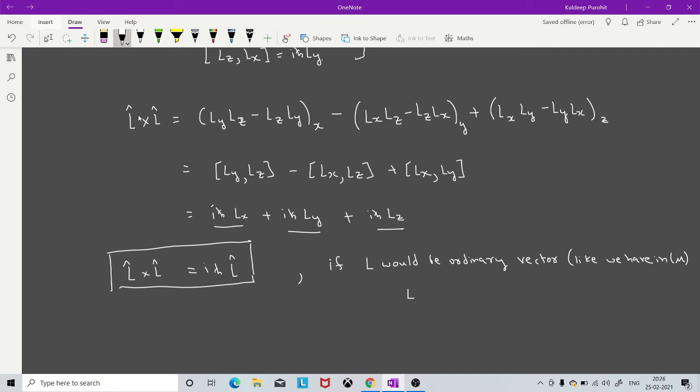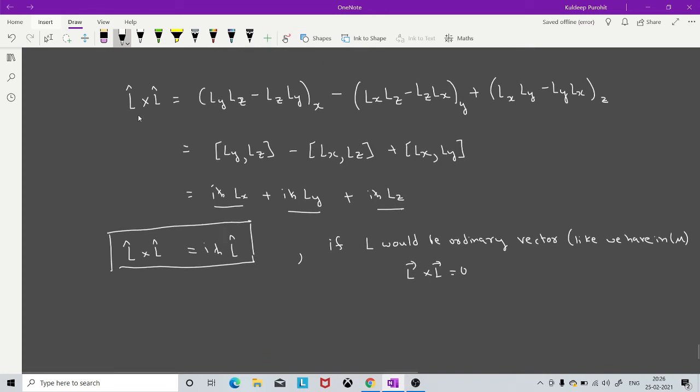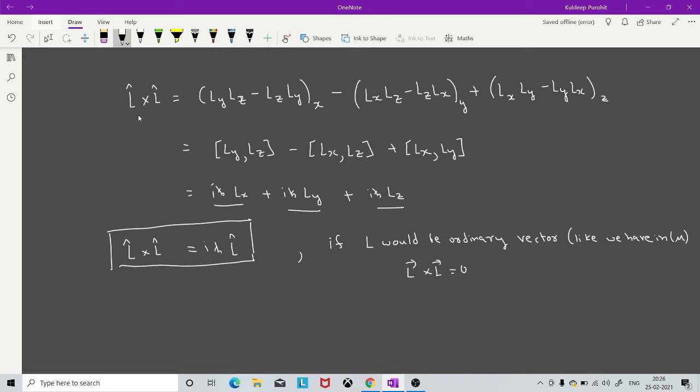You would have got L cross L, and it would be equal to 0. But here you can see that in quantum mechanics, L cross L is not equal to 0, it is equal to iħ times L. So this is again a very remarkable result, and you should remember this always.